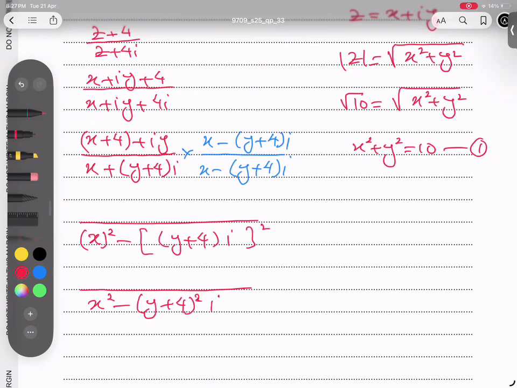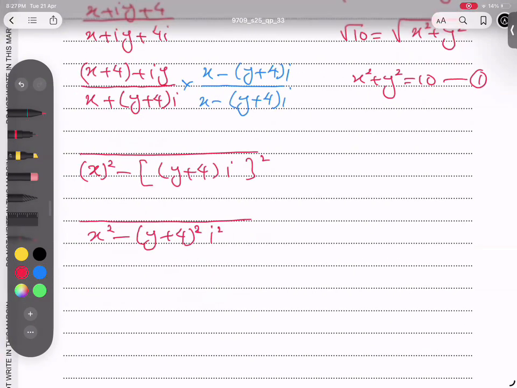Iota square, you know very well, is minus 1. So I'm getting the first term square, and negative times negative gives positive 1. I can remove the bracket also: y square plus 8y plus 16. This is done, I got the denominator.